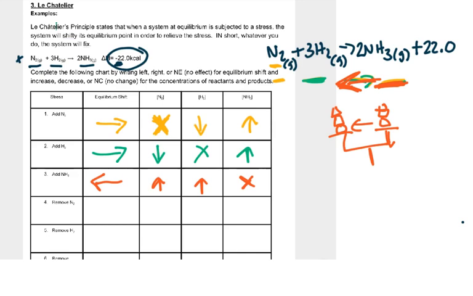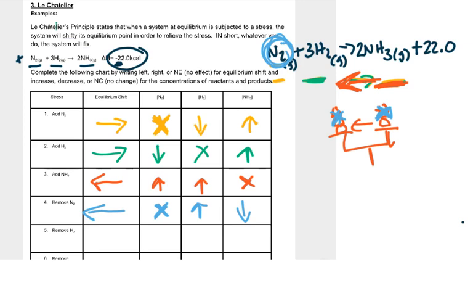Removing N2. Now I'm going to take away N2, so I have less on this side. In order to even back out, I need to lessen my product. So when that happens, it's going to make the H2 more, and I'm going to shift this direction.